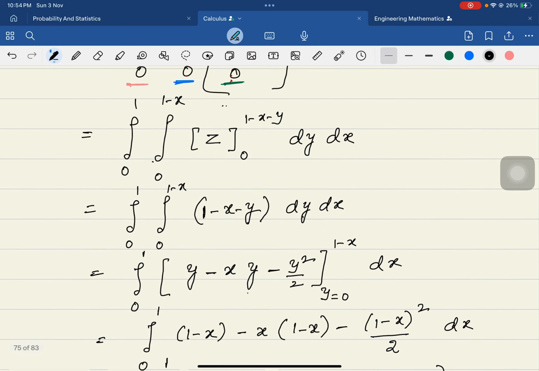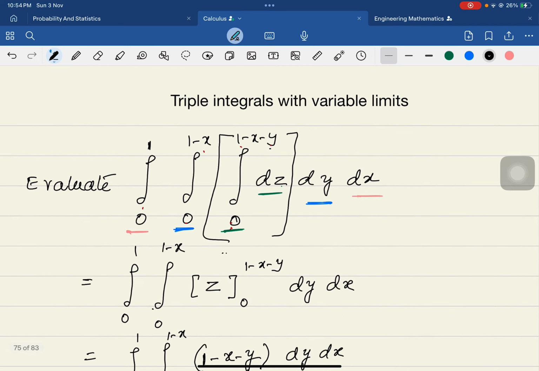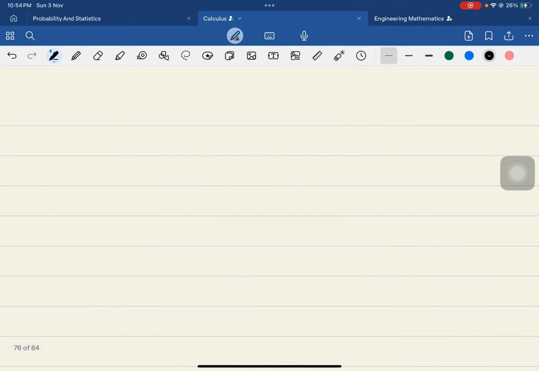So this is the way of solving a triple integral problem. I hope it is clear. I just wanted to do one more problem to make you very much clear.